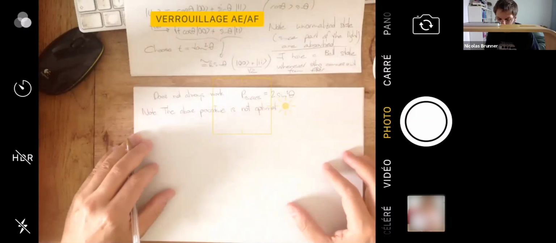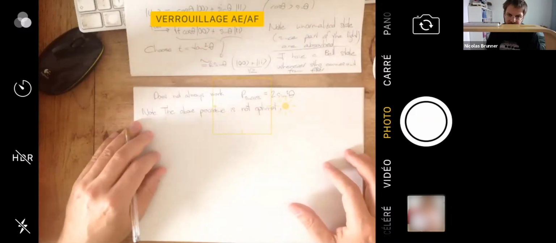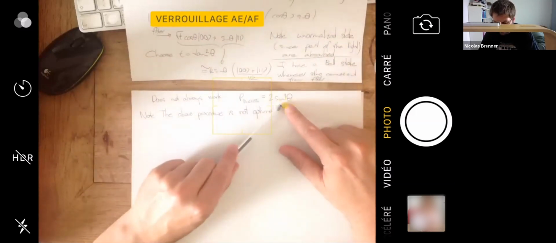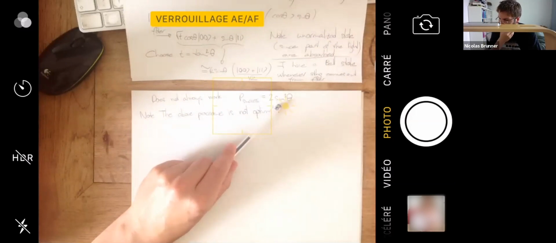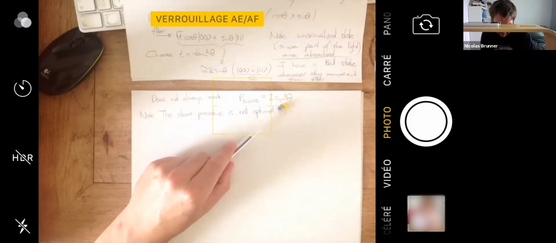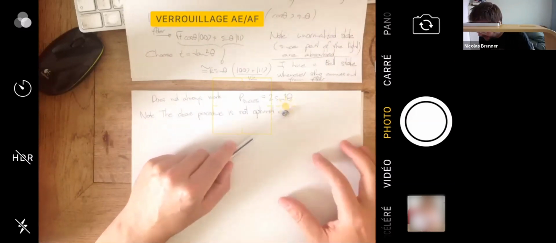What optimal means is that here I have a probability of success given by this equation, and of course this depends on the exact purification procedure I implemented. The procedure I just described is very simple, so it's easy to understand, but it's typically not the best I can do. I could do something more complicated, and then I would get better.